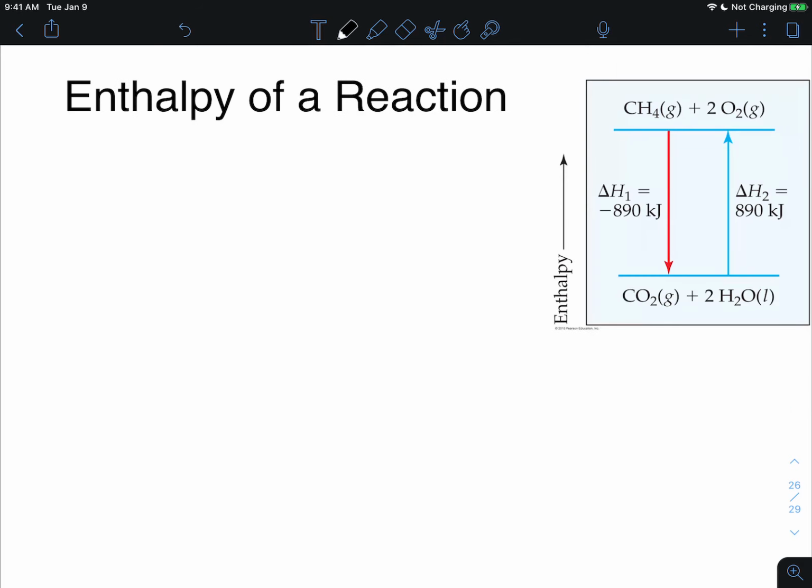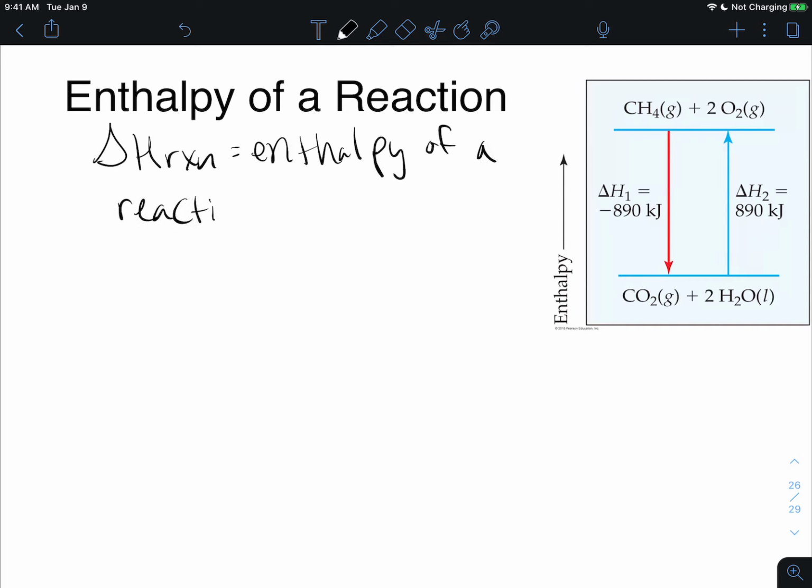One of the most important aspects of our enthalpy is enthalpy of reactions. We're going to be looking at lots of enthalpies of reactions. So delta H of a reaction is an enthalpy of a reaction. It's given by H final minus H initial.